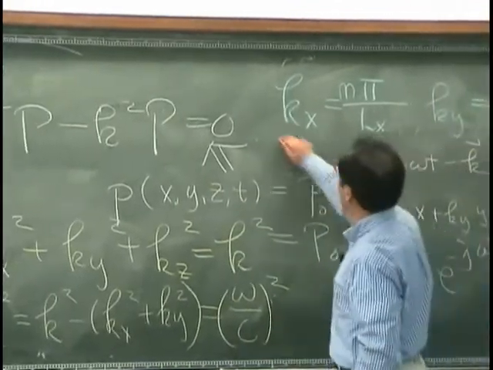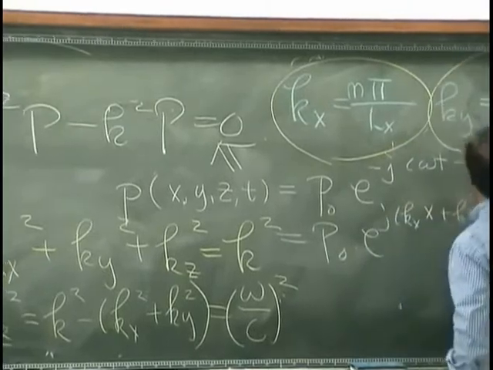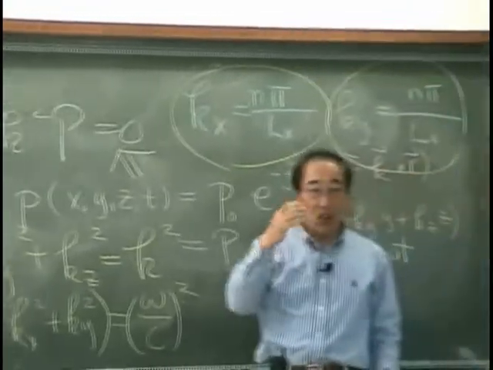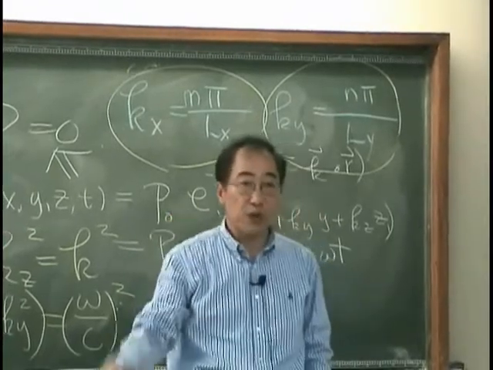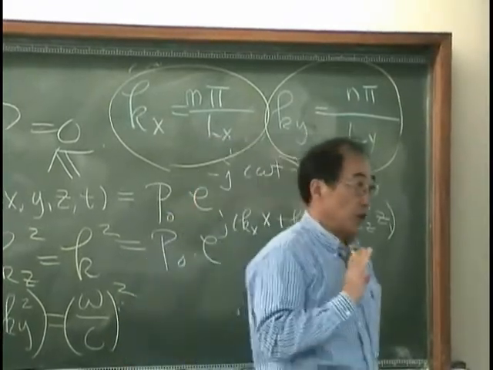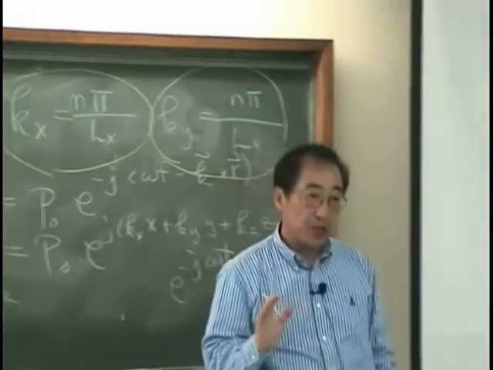And note that Kx and Ky are not continuous wave numbers, but discrete wave numbers, because the plate is vibrating with a mode.